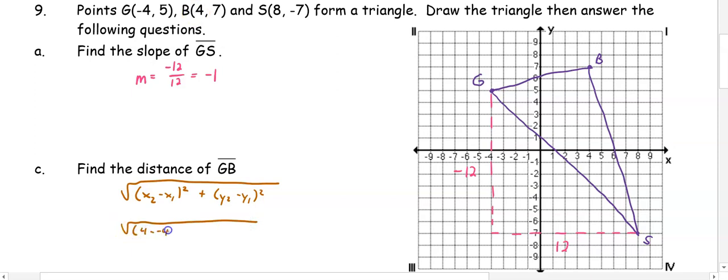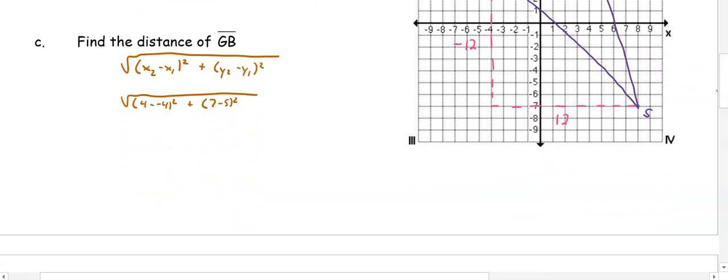So 4 minus -4 squared plus, we're going to subtract the y coordinates, 7 minus 5 squared. Remember that you can put them in either order in the parentheses, because when we get to the next step, it's going to be the same. So we have 8 squared plus 2 squared. You might have different signs if you put them in different orders. So we get 64 plus 4, which is the square root of 68.